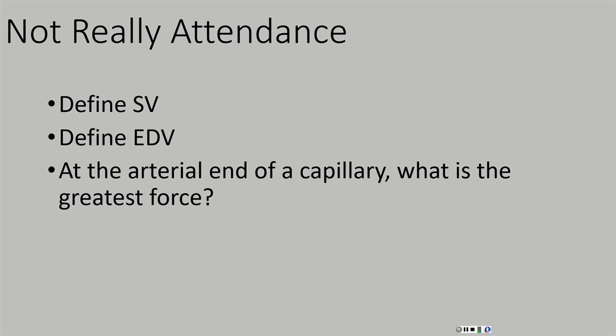So when the ventricle is most relaxed, when it is at its most full, that is what end diastolic volume is. The volume of blood in a ventricle at the end of ventricular diastole. So this is just prior to ejection, just prior to ventricular systole.